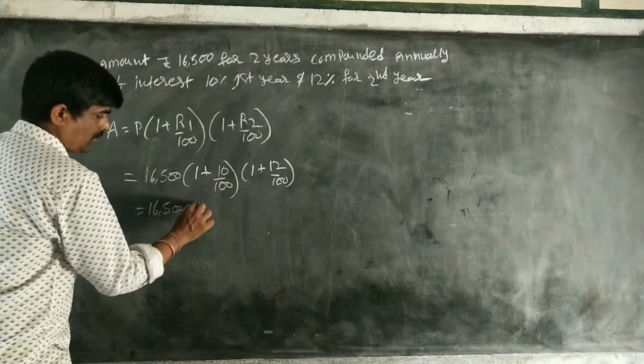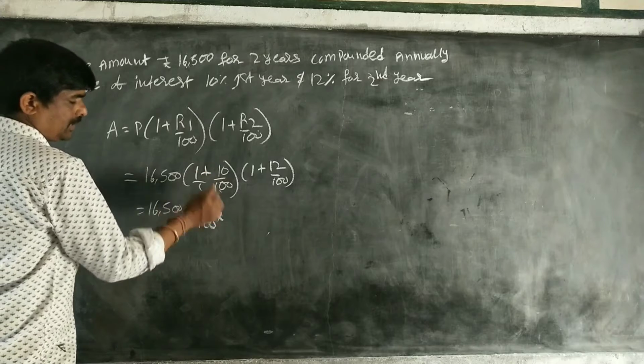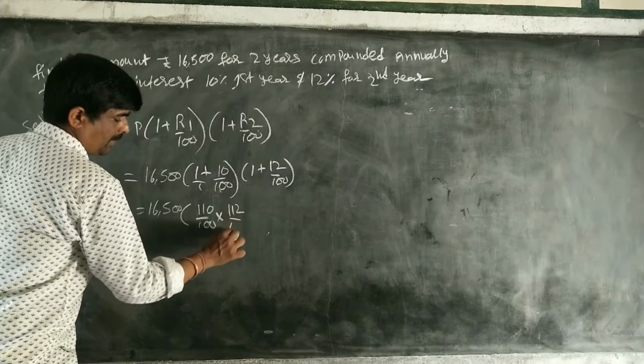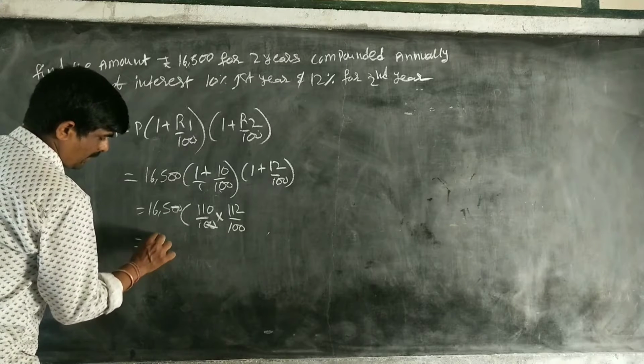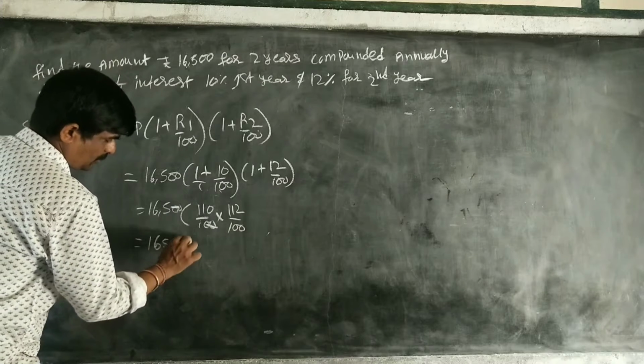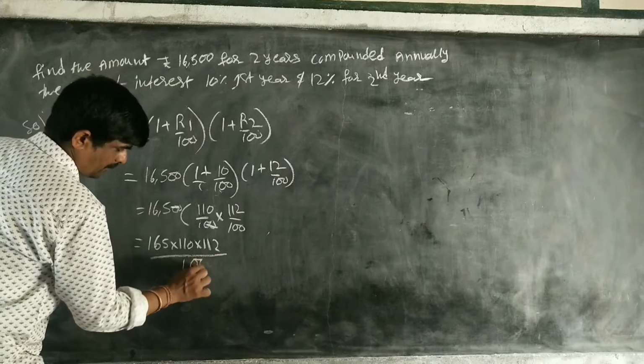That is equal to 16,500 into 110 by 100 into 112 by 100. That is equal to 165 into 110 into 112 by 100.